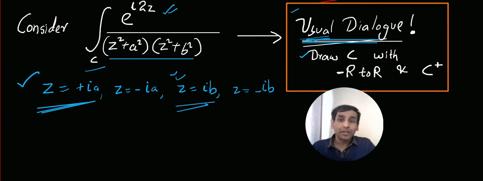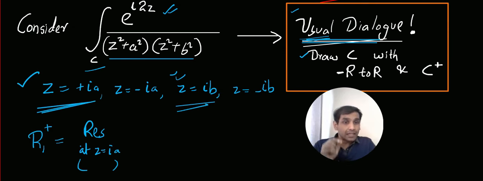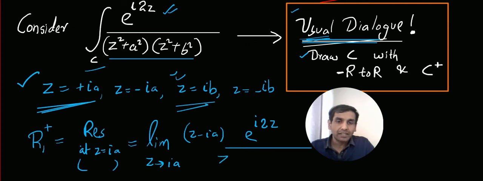Now all we have to do is find the residues of the poles above the axis. So R1 equals the residue at z equal to ia, which is a simple pole. In the examination, make sure your presentation is neat. So that will be the limit as z tends to ia of (z minus ia) multiplied by this function, e to the power i2z divided by (z plus ia)(z minus ia)(z squared plus b squared).